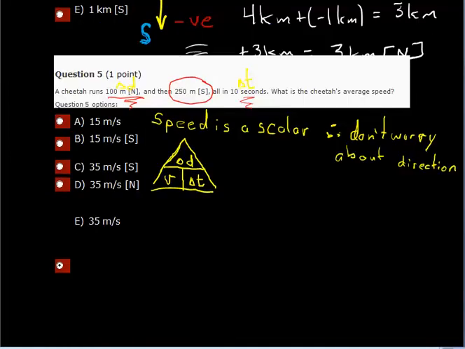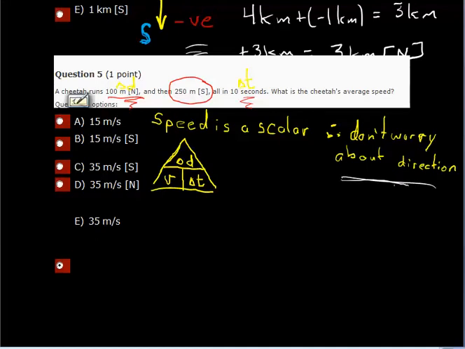Question number 5. A cheetah runs 100 meters north, then 250 meters south, all in 10 seconds. What is the cheetah's average speed? So they give us 2 displacements, 100 meters north, 250 meters south. Speed is a scalar. As much as they gave us the directions, because they want to know the cheetah's speed and not its velocity, we don't have to worry about direction.